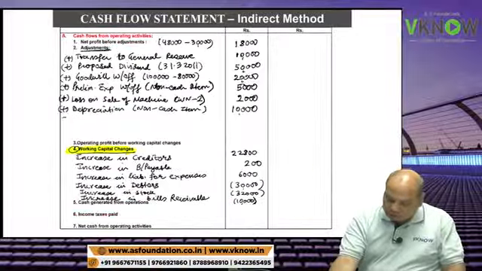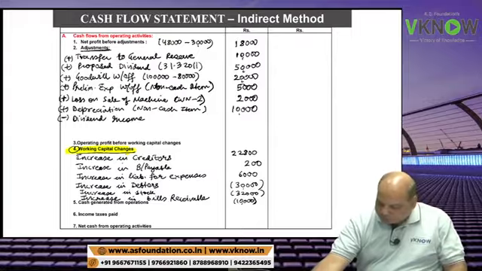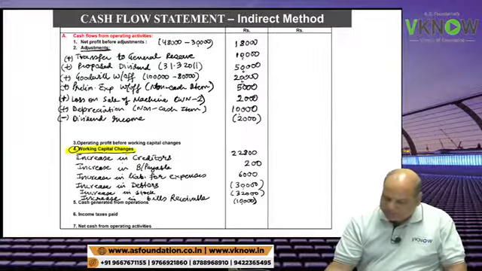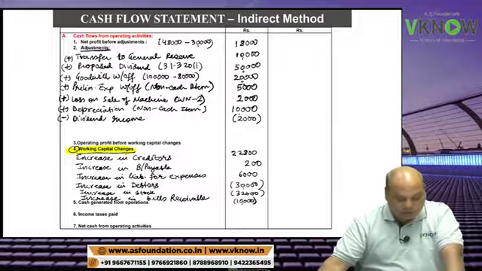So come to operating activity adjustment, less dividend income, in bracket 2,000. This is in bracket. Before that, all other figures were positive. So adjustment number 3 is over.